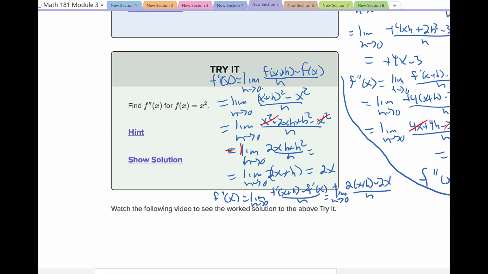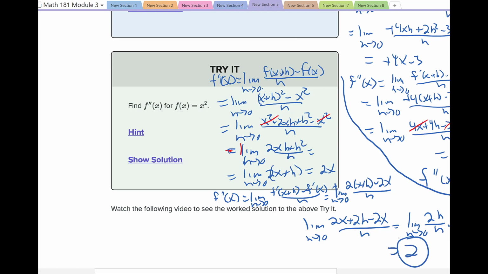So we're going to have the limit as h goes to 0 of 2x plus 2h minus 2x all over h. What's left is the limit as h goes to 0 of 2h over h, which is the limit as h goes to 0 of 2, which is 2.